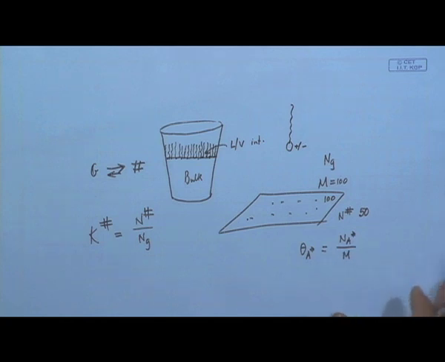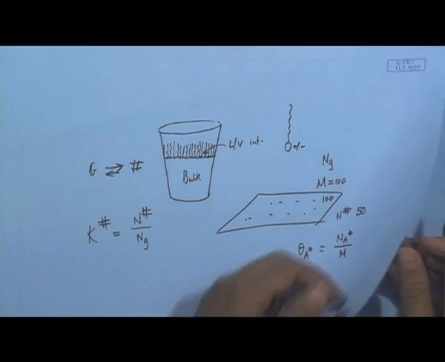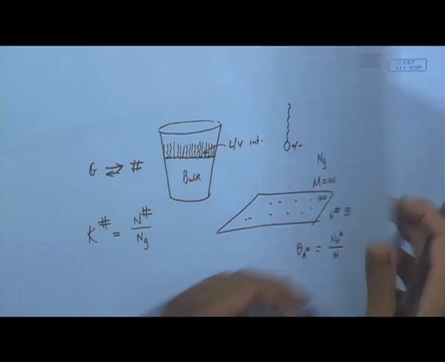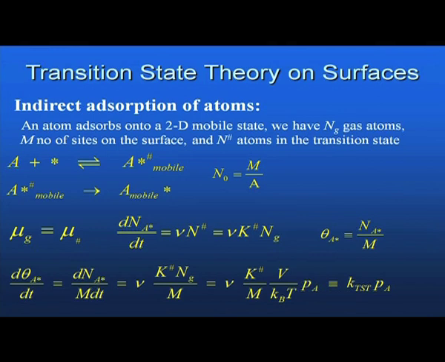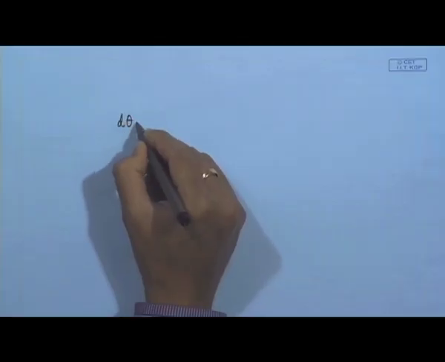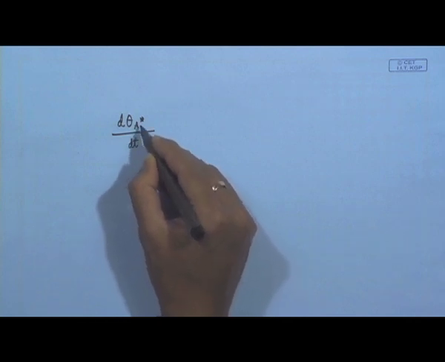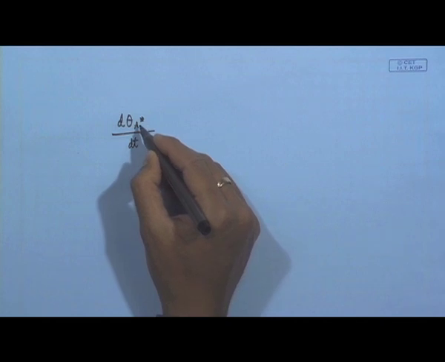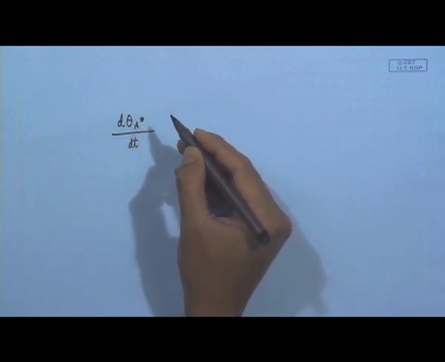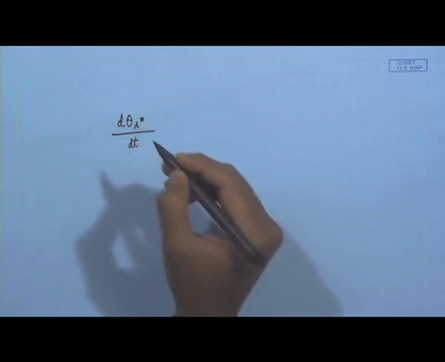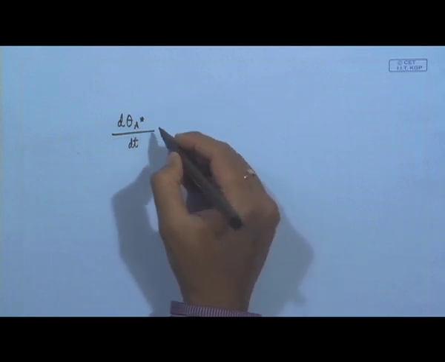Okay. Therefore, you can write d theta A star, the time rate of theta A, that is after it has gone from the activated precursor to the adsorbed state.